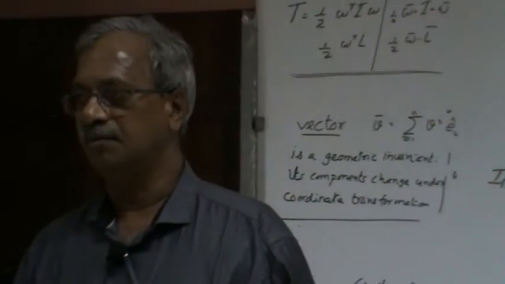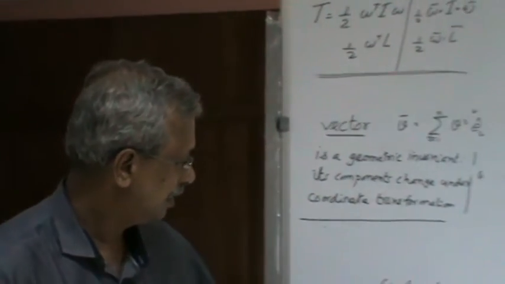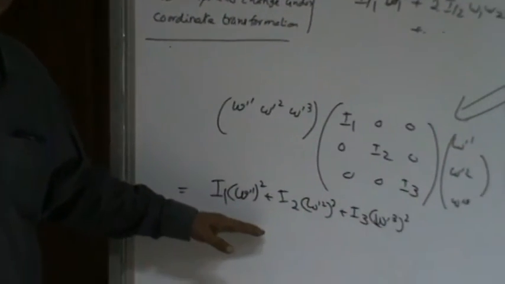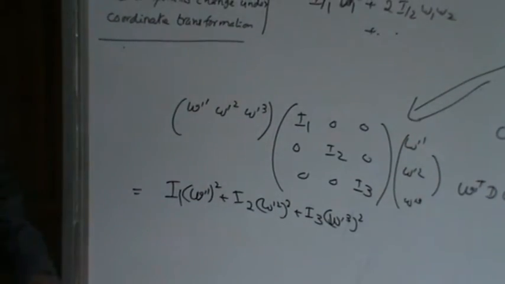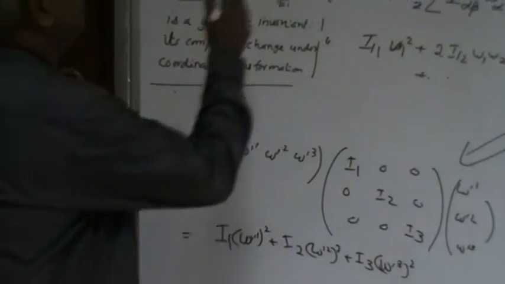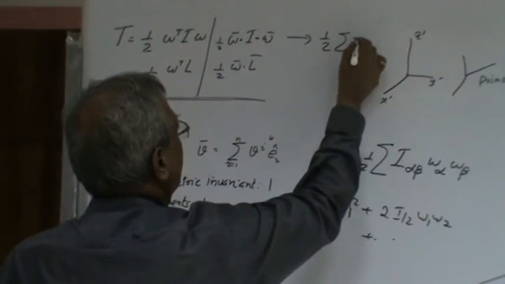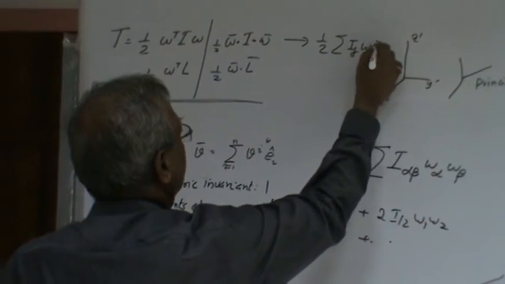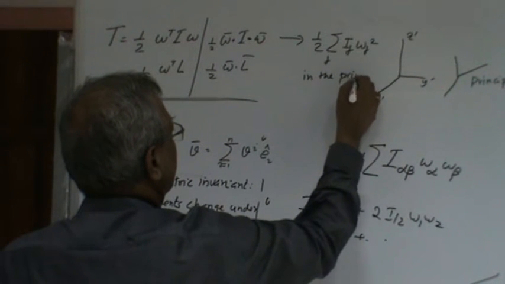Means we are looking for a new coordinate system in which off-diagonal terms are zero. So in that case, the moment of inertia tensor becomes very simple like this. So we go from this one to 1 half summation over ij omega j square into principal axis.